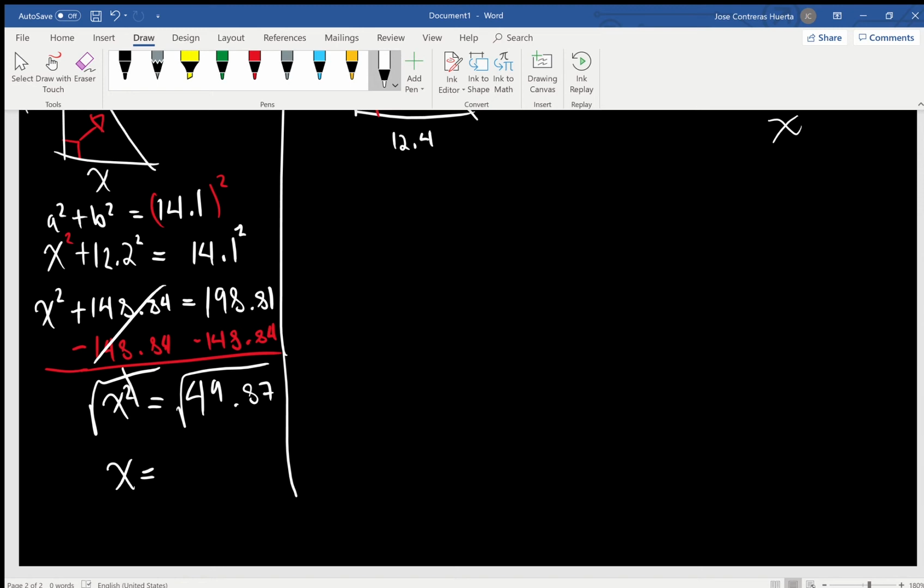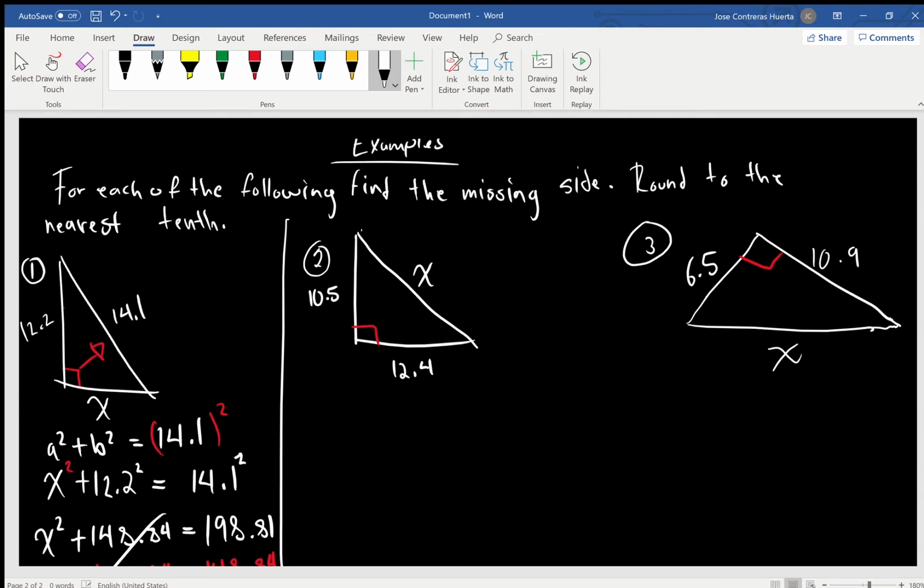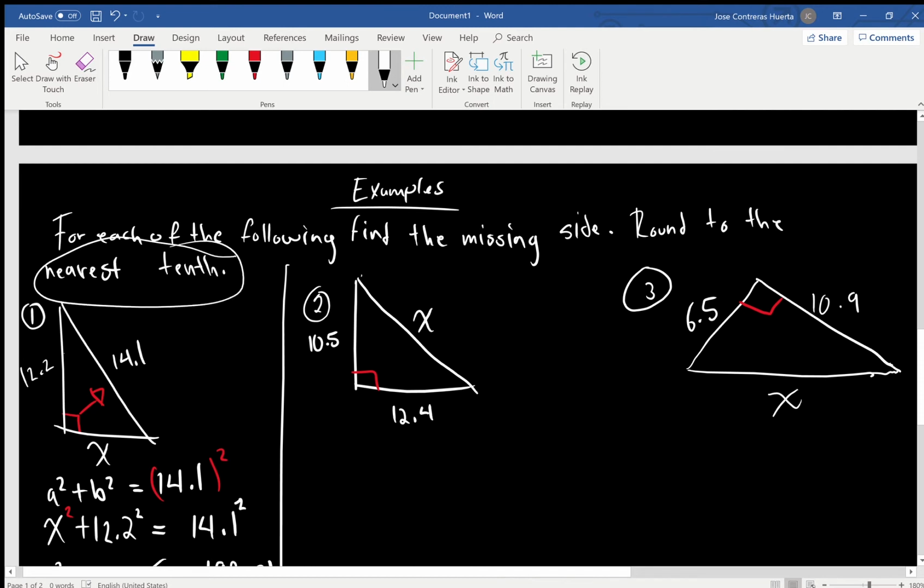So let me find my square root. Okay, I found it. The square root of 49.87 gives you approximately 7.06. Now, as you can tell on the question, it says round to the nearest tenth.